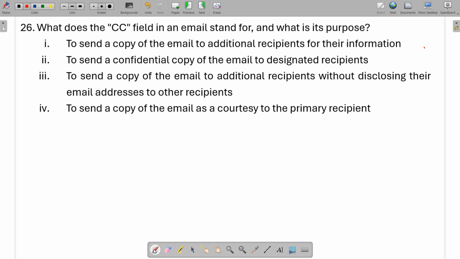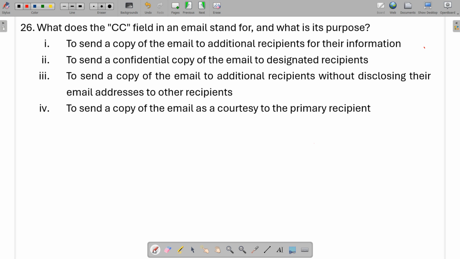Yeah, so the reason for the CC is that the people we put in the CC place, the carbon copy recipients, are just being informed that a particular email has been sent to the main recipients, so you just get to know. This is just for information.